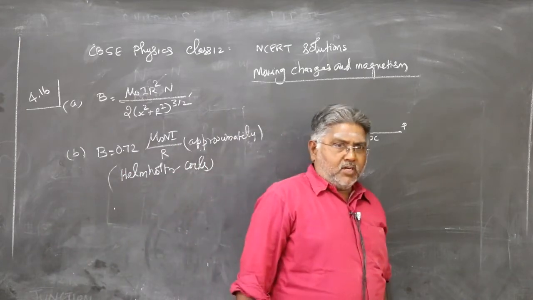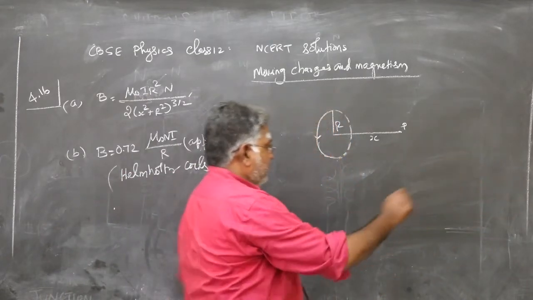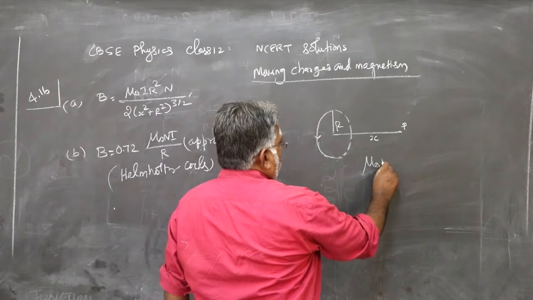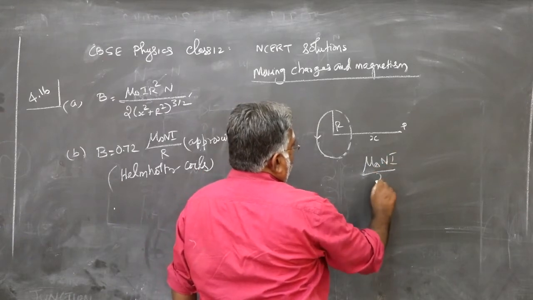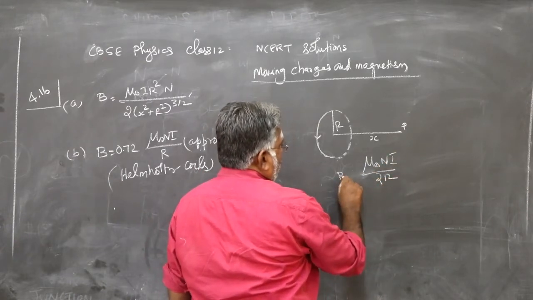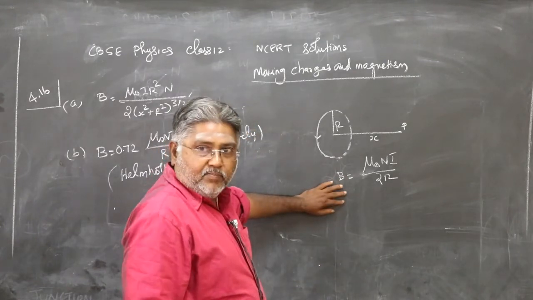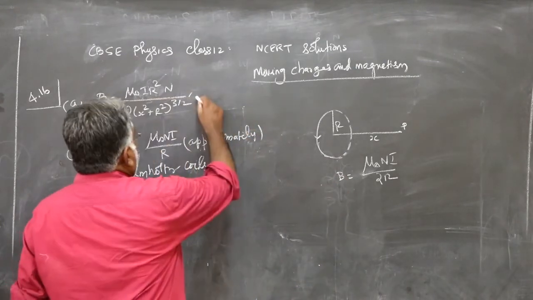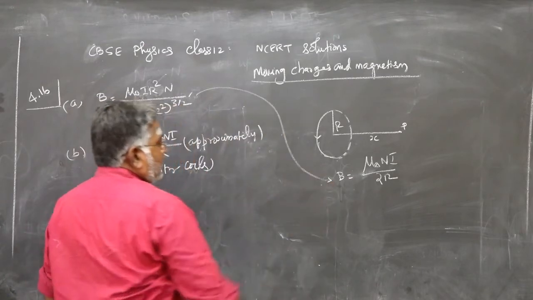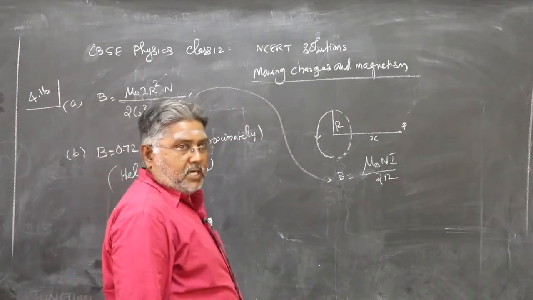We know that the magnetic field at the center of the coil is given by mu naught Ni by 2r. This can be proved directly. You will have to show that this reduces to this when you consider the point to be at the center.